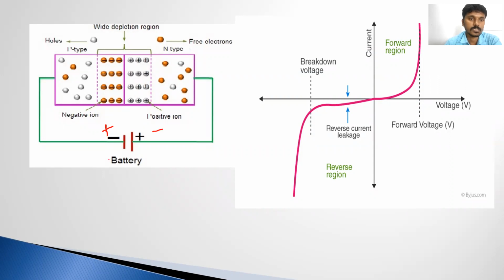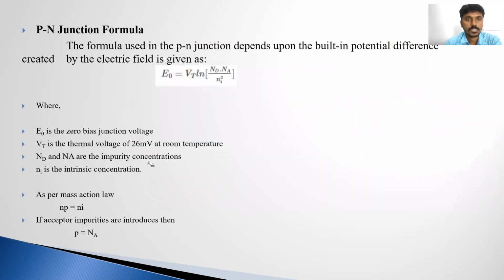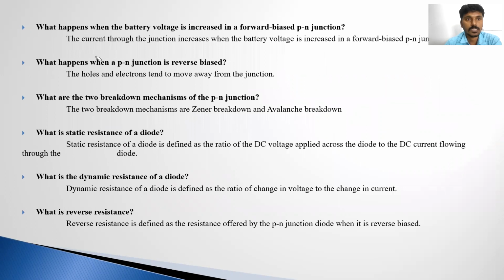If this voltage is increased, what will happen? It will be turned on. The diode will be turned on, and the current through the PN junction increases. If the voltage is increased again, the current increases further in the forward direction.